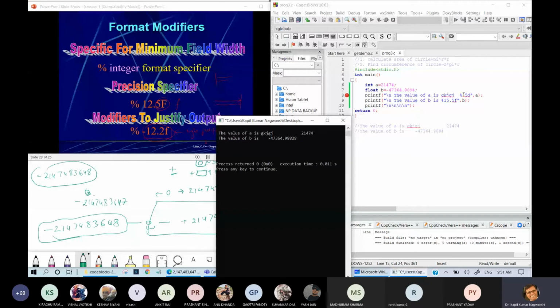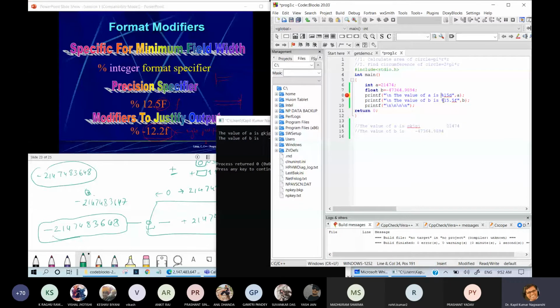From this place 15 spaces will be taken, and similarly for the lower floating point number, it will take 15 spaces from this place, but the answer has 5 decimal places. Suppose I write more decimal places, it will accept only 5.